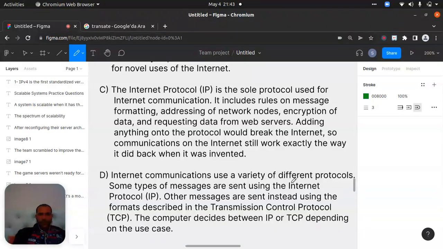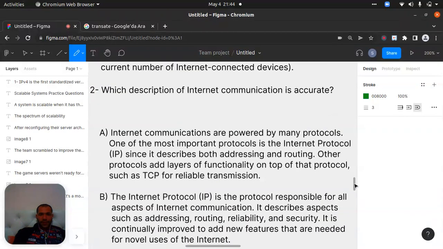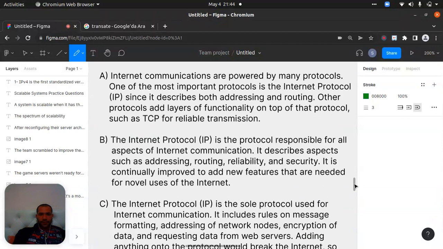Another option: internet communications use a variety of different protocols. Some messages are sent using IP. Other messages are sent using the format described in the Transmission Control Protocol, TCP. The computer decides between IP or TCP depending on the case. The answer is A.